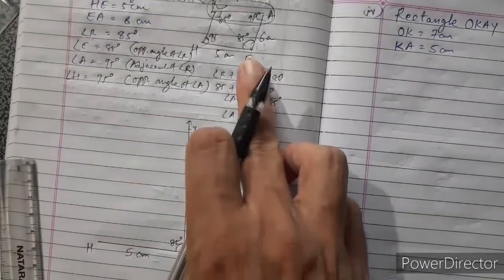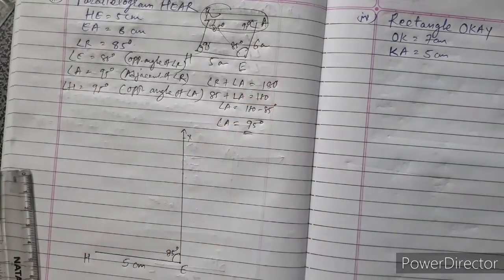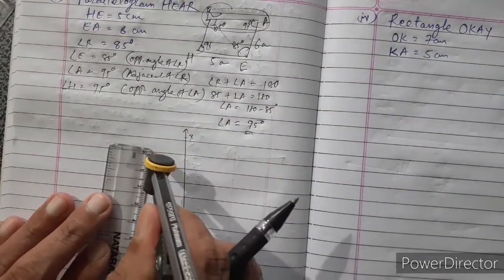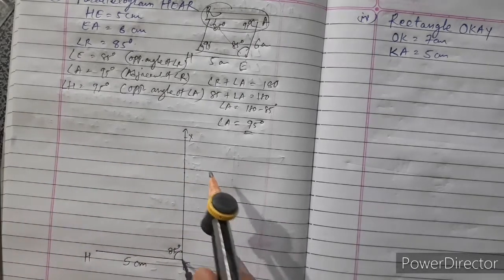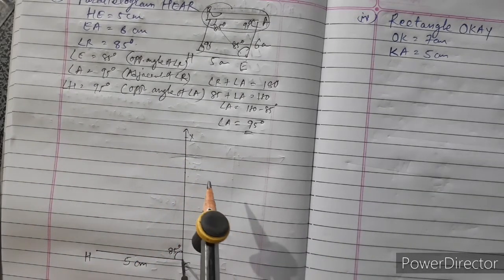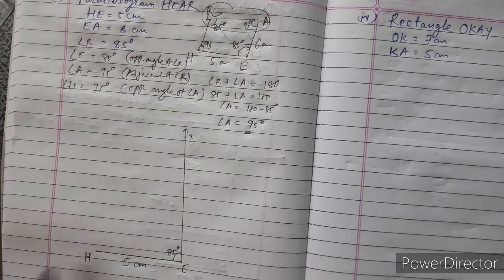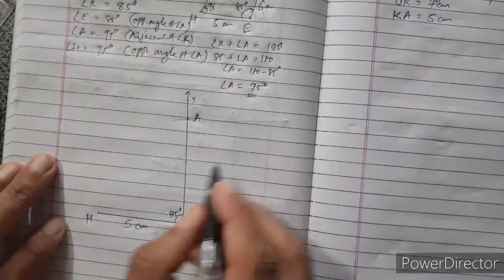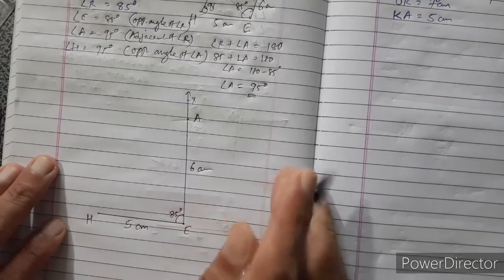Okay, now measurement of EA is 6 centimeter. So what to do? Just take 6 centimeter radius and draw arc with center E. Okay, that is A and measurement is 6 centimeter.